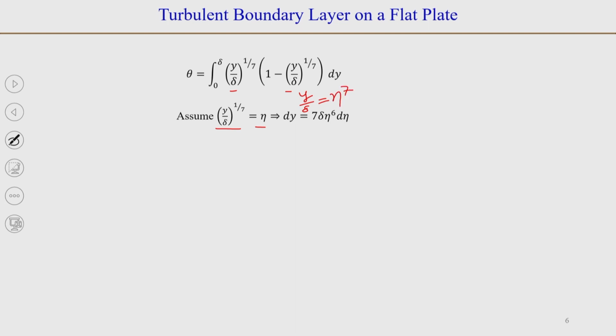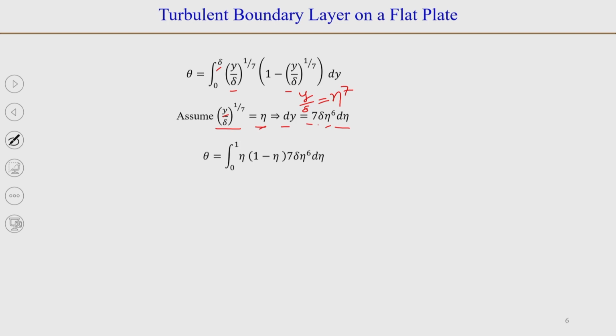From that we can write that dy is equal to 7 into delta into eta raised to the power 6 into d eta. So, we can substitute this for dy, and the limits will be that when y is equal to 0, eta will also be 0, when y is equal to delta, then eta will become 1.